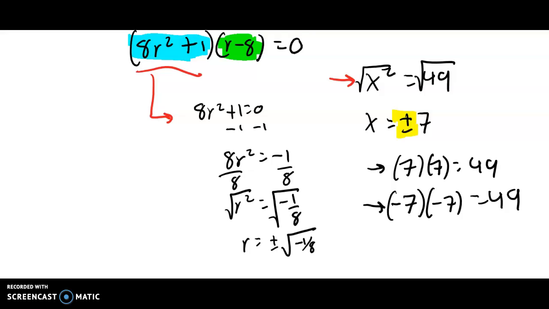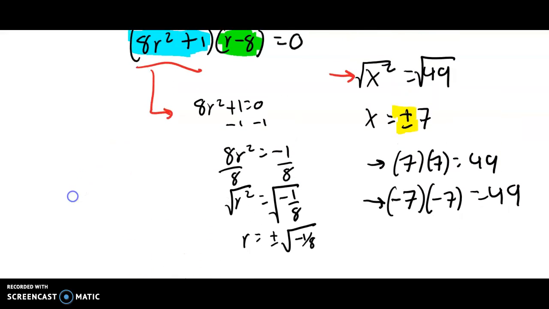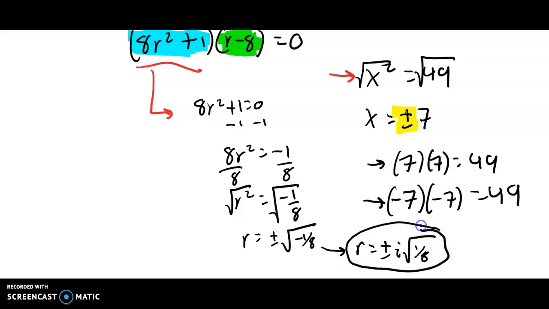Okay, back to our problem. I've got my plus or minus. I see a negative under the square root. I'm going to pull it out as an i. So my answer here is plus or minus i root 1/8. So that's two answers, right?